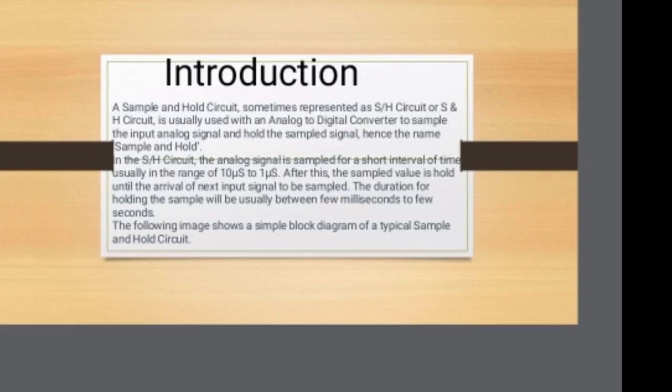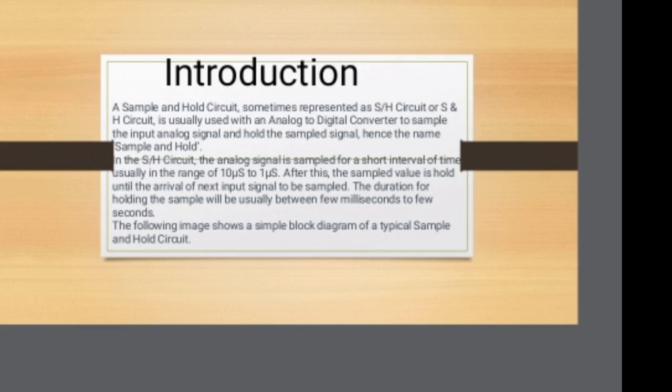Introduction. A sample and hold circuit, sometimes represented as SH circuit or S and H circuit, is usually used with an analog to digital converter to sample the input analog signal and hold the sampled signal, hence the name sample and hold.